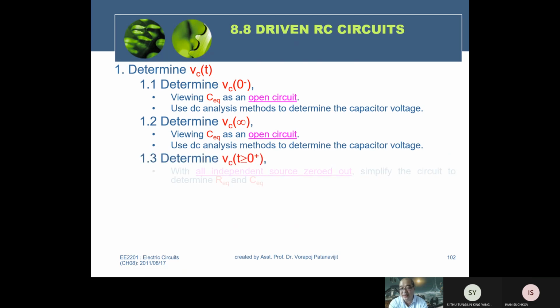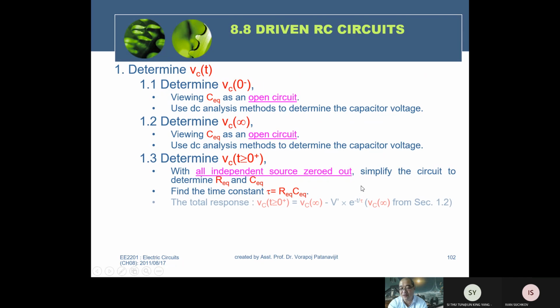Next, determine the capacitor voltage for time greater than 0 by determining the equivalent resistor and the equivalent capacitor, with all independent sources zeroed out. After you get the equivalent resistor and capacitor, you determine the time constant by multiplying R and C.